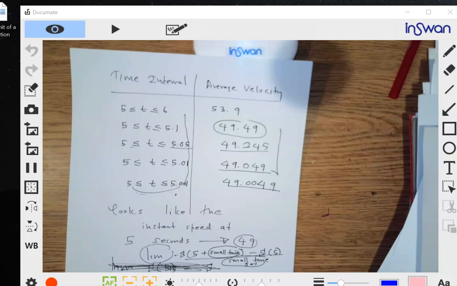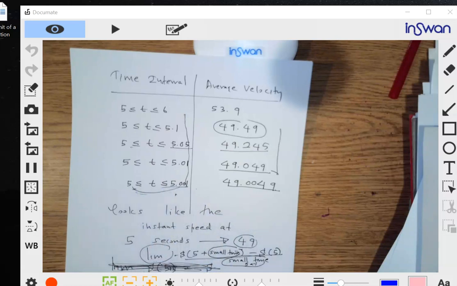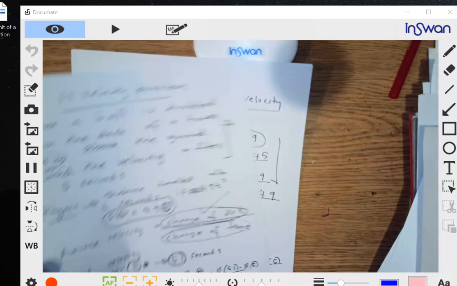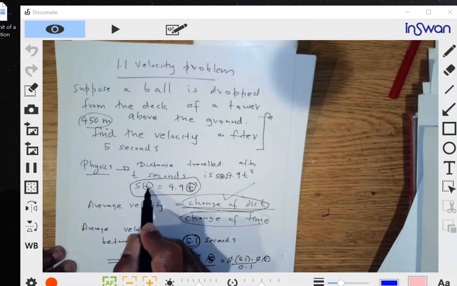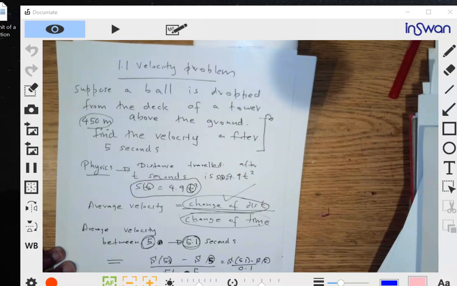So how do you represent that mathematically? Remember how we found this. We have the function s, the function that we saw before. What we did was we put in 5.1 to that function, and subtracted the function at 5. So this can be written as s of 5.1 minus s of 5, and you divide by the gap, which is 0.1.